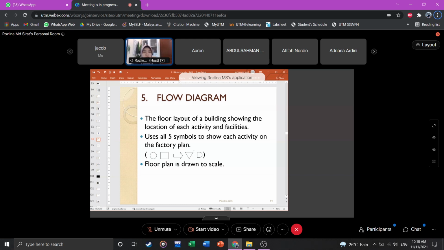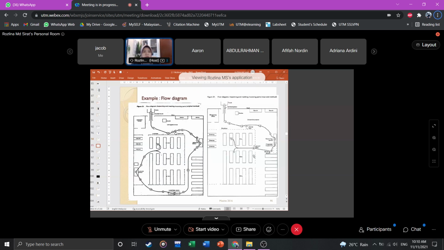It is similar to our previous operation process chart, with the circle, square, arrow, triangle, D. The floor plan is drawn to scale. The example I have shown you before, but now is the time to see the flow diagram. You can see the before improvement and after improvement. Very clear, we can see the modification.